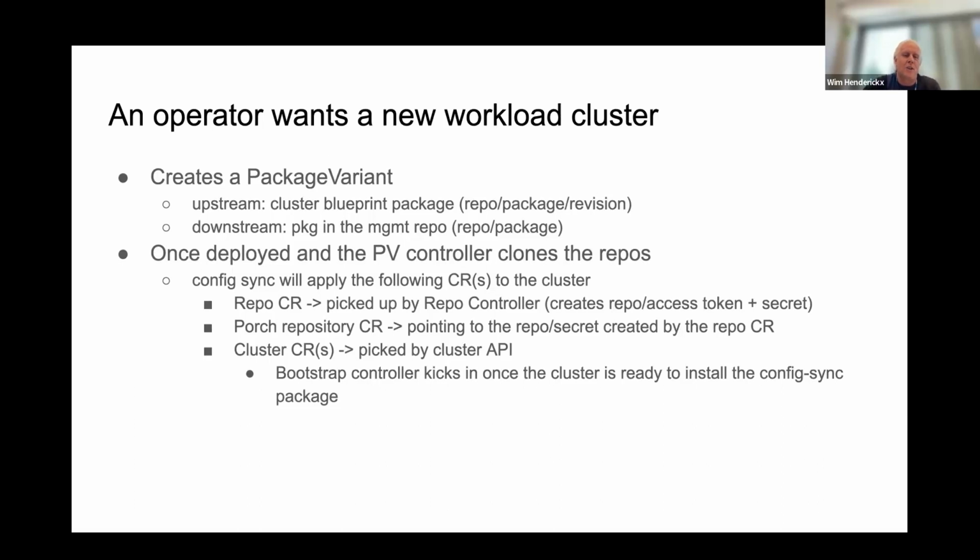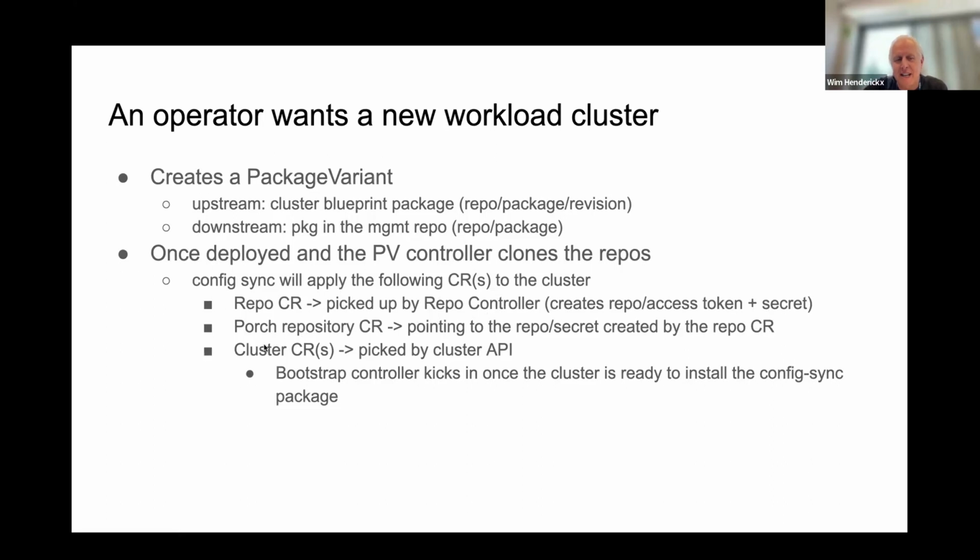And what will happen is that this one goes straight in, without anyone picking it up, because Porch is taking that in. This one is going to be used by the repo controller, which is creating a repo in Git. It creates an access token and it creates a secret that is being referenced by this Porch repository.